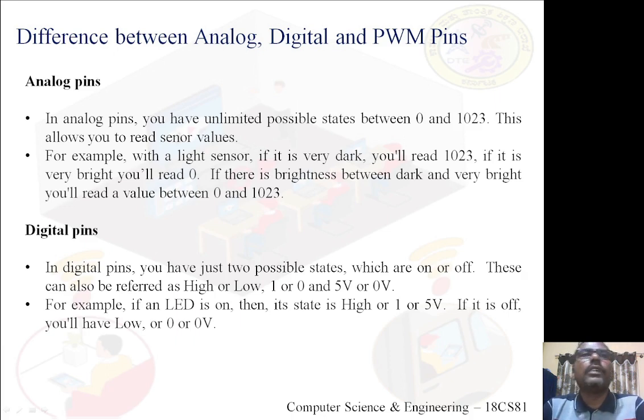If it is off, the state is low or 0 or 0 volts. Clear? So one thing you need to know is the difference between analog and digital pins. Analog has unlimited possible states between 0 and 1023, whereas digital pins have only two possible states, on or off.